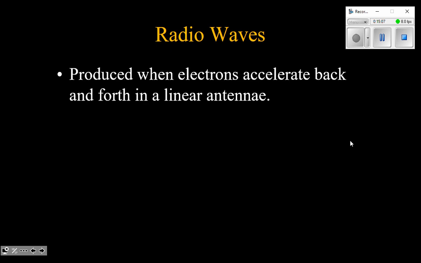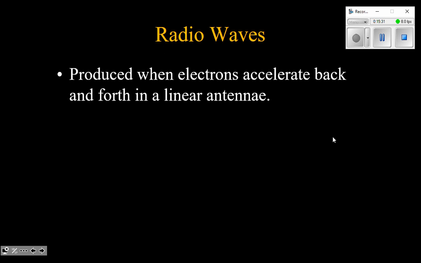So radio waves. How do you produce radio waves? Well, you take electrons and accelerate them back and forth in a linear antenna. So on my little fire department radio that I carry, I've got an antenna at the top. When I send a signal up to dispatch or to somebody else in the fire department, it speeds electrons up from 0 to a maximum speed, then slows them down, stop. They turn around, they come back down to a maximum speed.